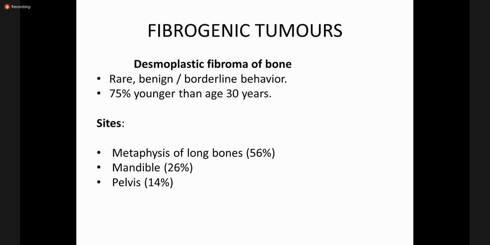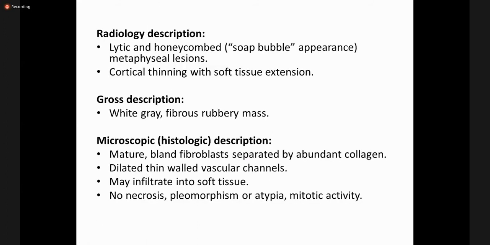The sites involved in desmoplastic fibroma are the metaphysis of long bones, then mandible, then pelvis. On radiology, there is a lytic honeycombed soap bubble appearance of the tumor, occurring at the metaphysis of the bones.